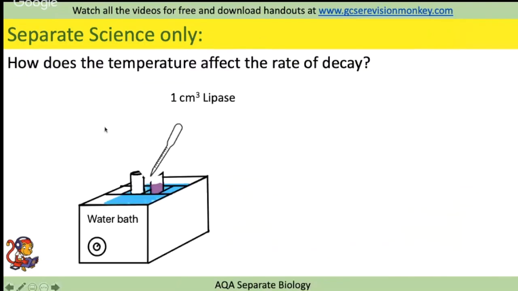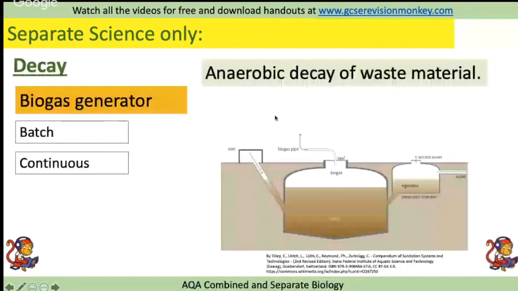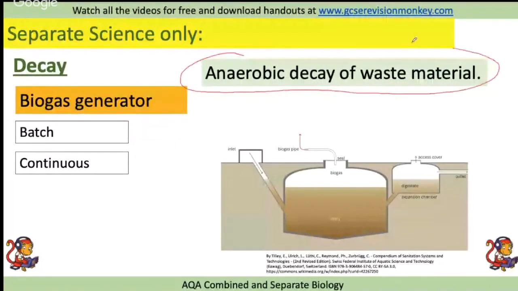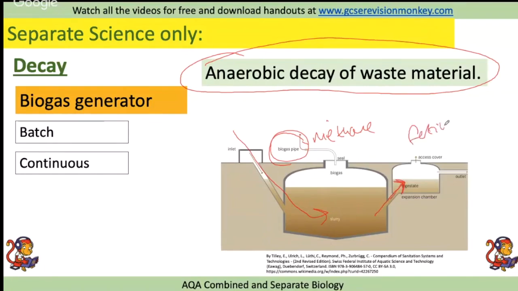We'll come back to the meaning of batch and continuous in a second, but we'd make sure that they were in anaerobic conditions, because if they are, when we got our sewage in here, it releases biogas, which is mainly methane. That is a byproduct of the anaerobic decay in here. And then, as a useful product, we get the digested material out here that makes really good fertilizer. So we can store that and use it again on the farm.